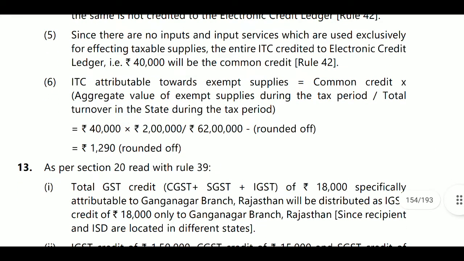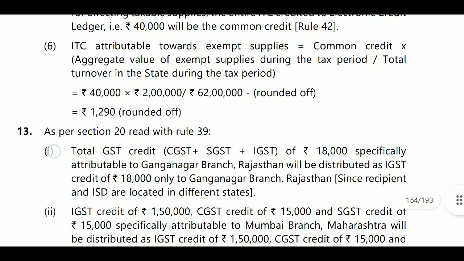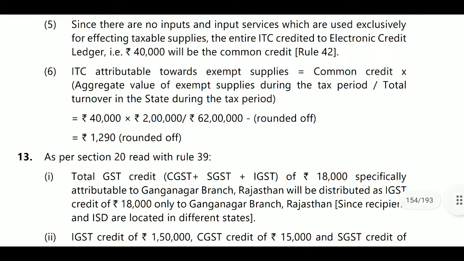Next, fifth point, since there are no input and input services which are used exclusively for effecting the taxable supplies, the entire ITC credited to the electronic credit ledger, that is 40,000, will be treated as common credit. ITC attributable to exempted supplies will be deducted based on that common credit into aggregate value of exempted sales during the period divided by total turnover during the tax period.